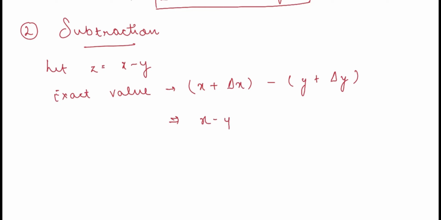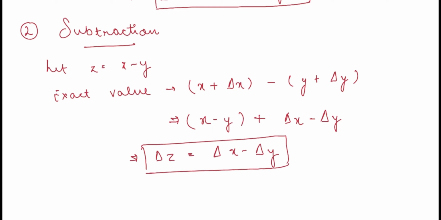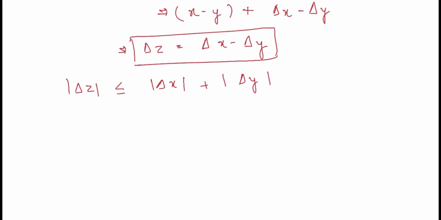Therefore, delta z, the error in z, becomes the error in x minus the error in y. Whenever we talk about the maximum possible error, we usually ignore the signs because we don't know whether the errors are positive or negative. Hence, delta z is less than or equal to mod delta x plus mod delta y. Therefore, we can write delta z equals delta x plus delta y.